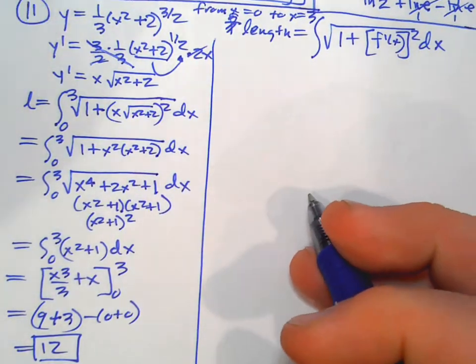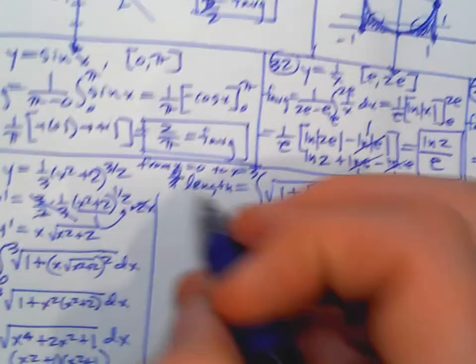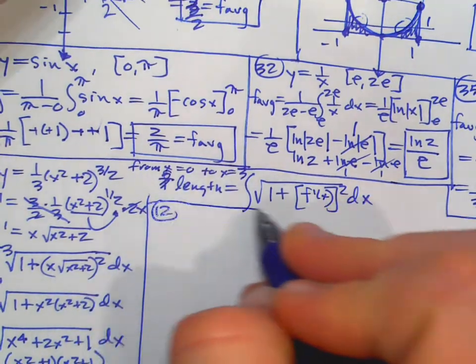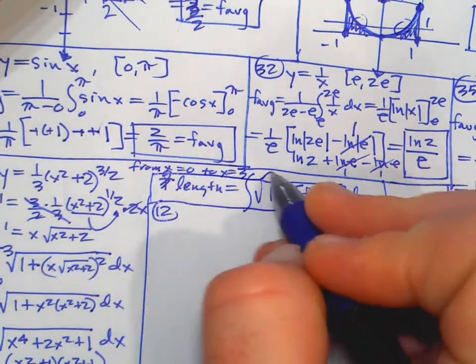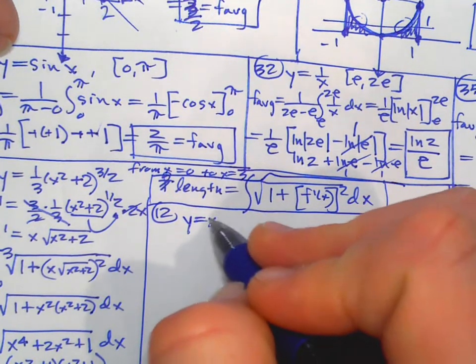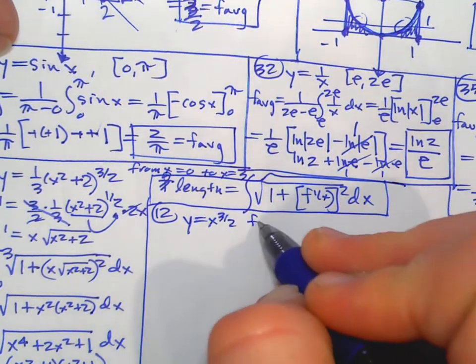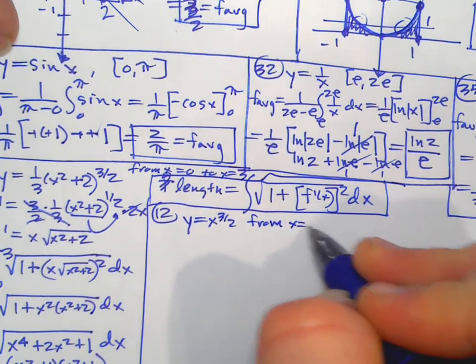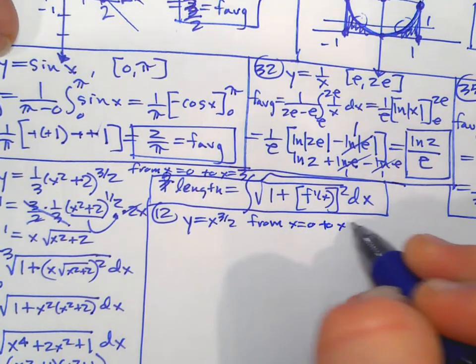Okay, let's look at problem number 12. So 12 is y equals x to the 3 halves from x equals 0 to x equals 4.